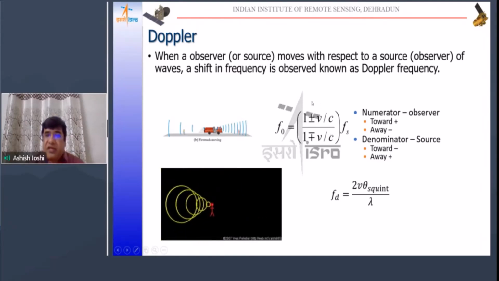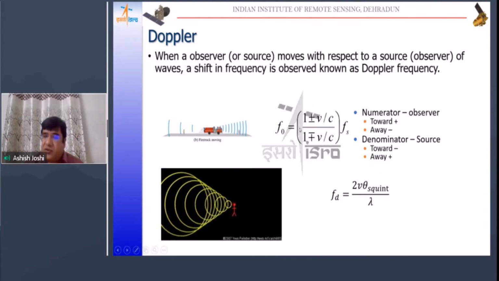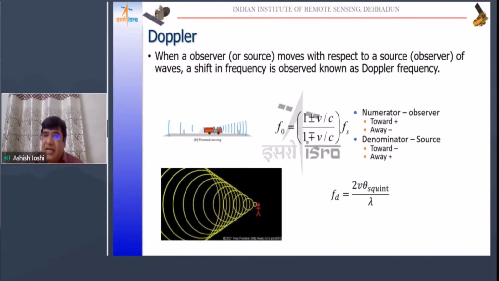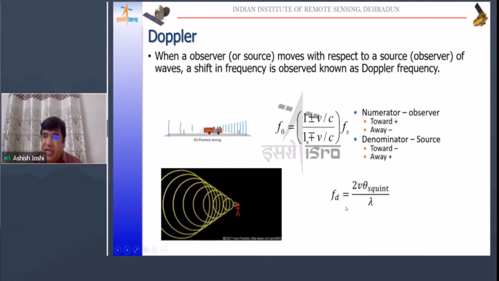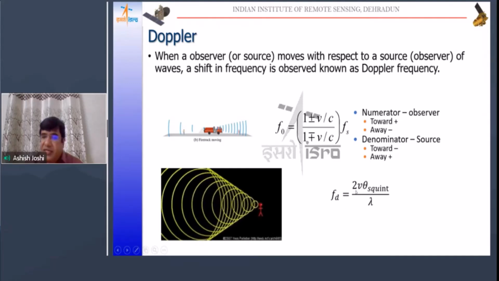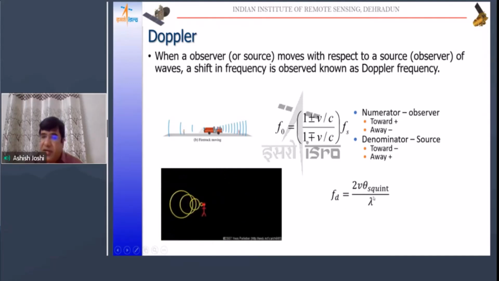As I already told, when an observer moves with respect to the source, there is a shift in frequency. That shift in frequency is called the Doppler frequency. And for the SAR case, after simplifying this equation, we get 2v sin of the squint angle over lambda, where v is the satellite velocity. So this is the Doppler shift in the SAR image.